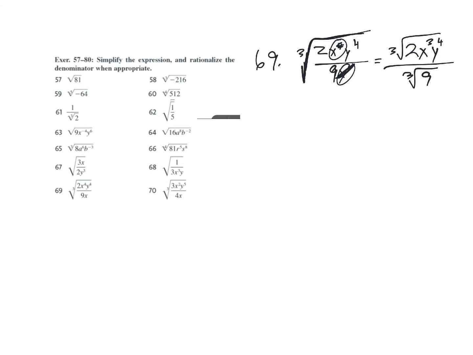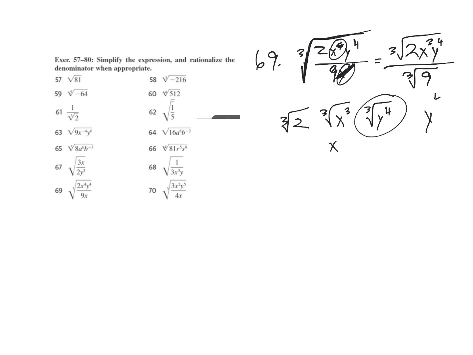Okay, so before we rationalize again, let's go ahead and take care of what we have on the top. You have the cubed root of 2, can't do anything with that. You have the cubed root of x cubed, which should be x, and the cubed root of y to the fourth. So let's take a look at this.